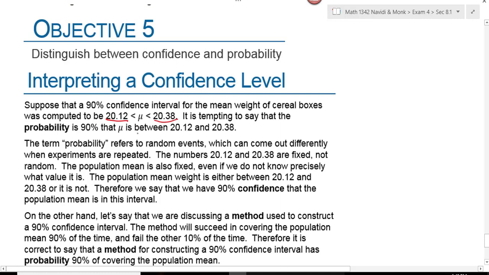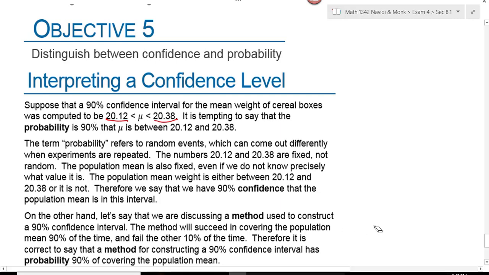They're not random. So the population mean is also fixed. This number that we're trying to estimate is also fixed, even if we don't know what it is. So the population mean is either going to be between this 20.12 and 20.38, or it's not. Therefore, we say we have 90% confidence that the population mean is in this interval, not that the population mean is one of those numbers.